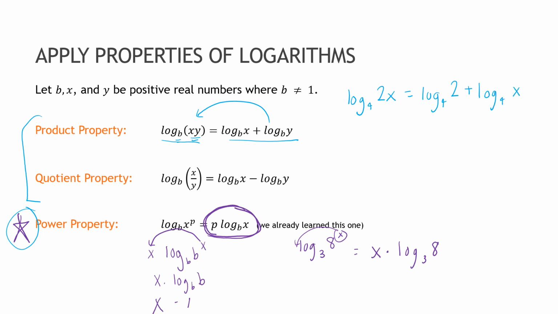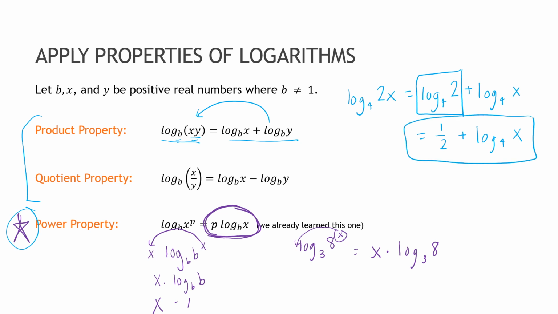Now you might be saying, why would I possibly do that? Well, log base 4 of 2 is something I can evaluate. 4 to the 1/2 power is 2. So my answer there would be 1/2. Log base 4 of x I can't do anything about, but this would be my simplified form because I could simplify one part of that.